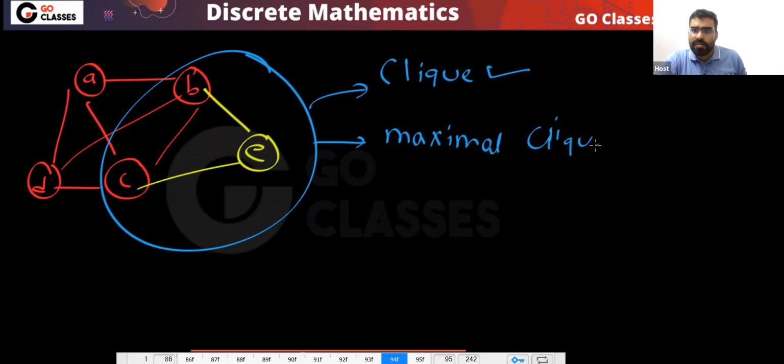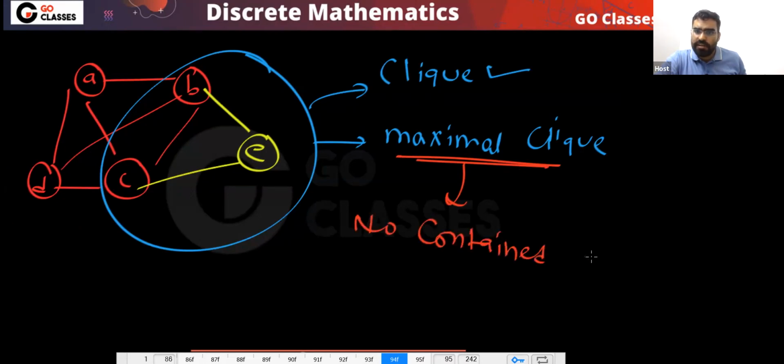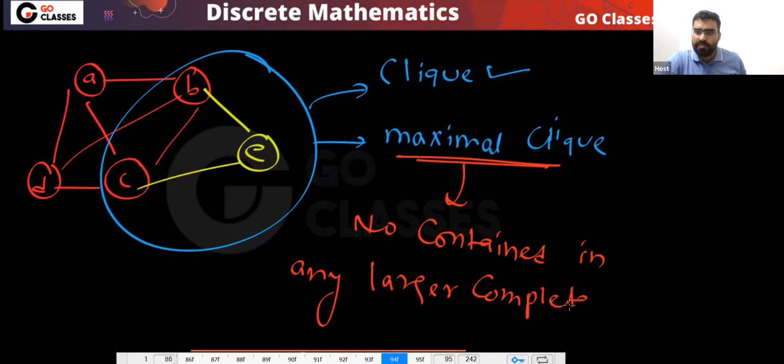Maximal clique means not contained in any larger complete subgraph. That is the definition of maximal clique, not the maximum clique.